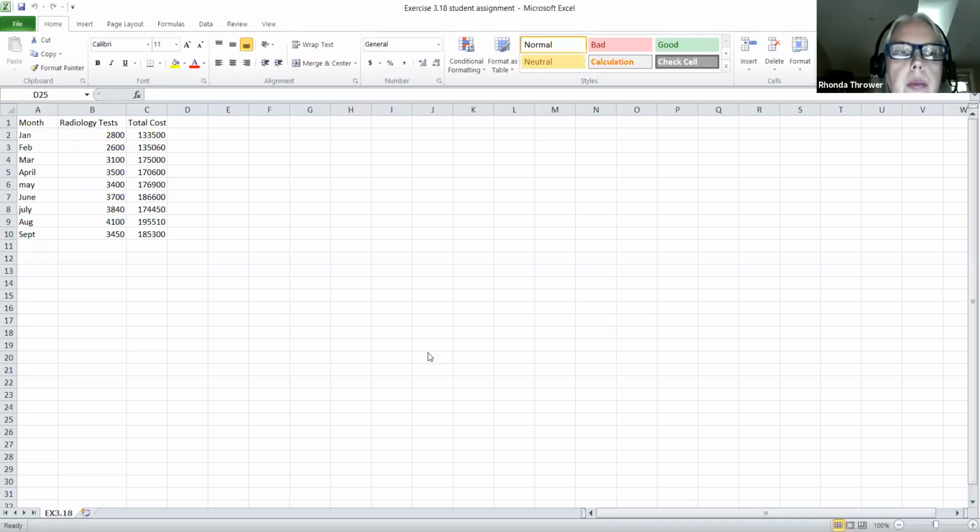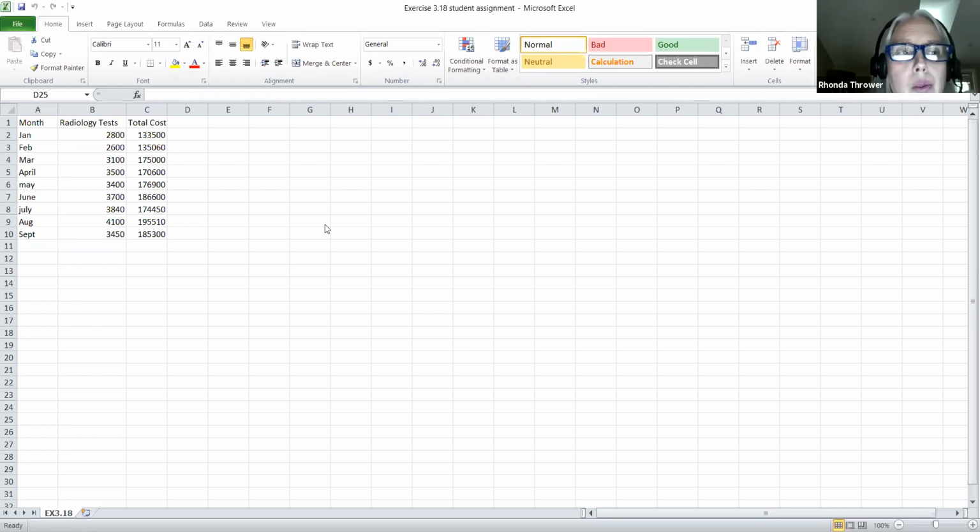All right, you should be able to see the Excel spreadsheet that I prepared for exercise 3-18. What I did is I just copied down the months, the number of tests, and the total cost. Again, we're going to use regression analysis to perform the method of least squares. What you need to be aware of is that in Excel, it really depends on what version you have.